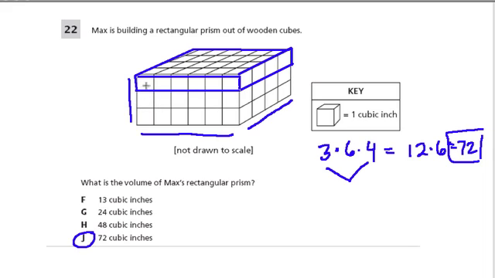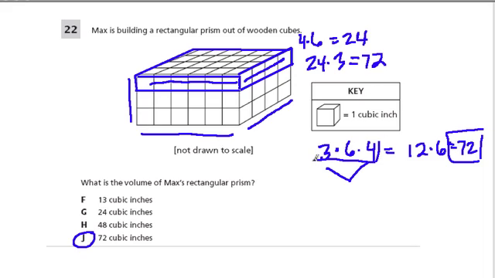There are 3 layers. So whatever number of cubes are on this top layer, we can multiply it by 3 to get the total volume. There's 4 this way, by how many? By 6. 4 by 6, which is 24. And then there are 3 stacks of 24, so it's 24 by 3, which is 72.